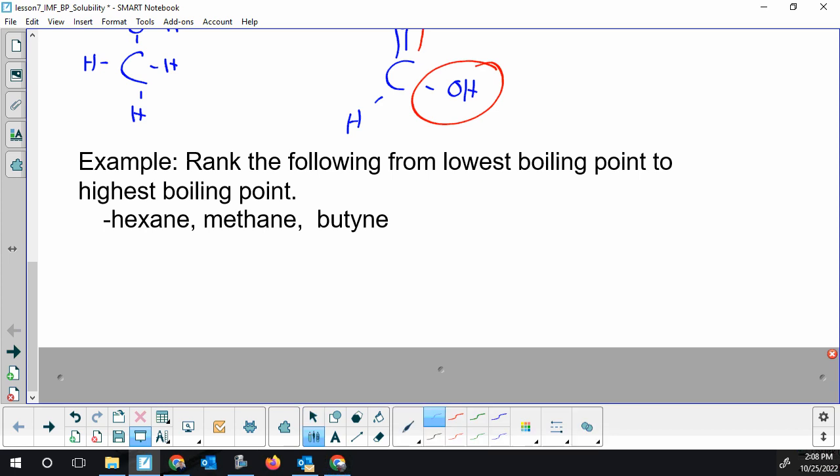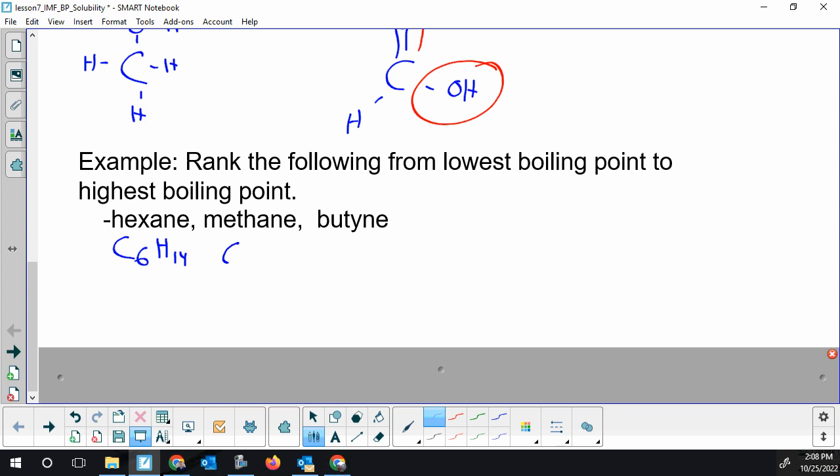Now, to guide us with a little bit more visuals, I'm going to put the molecular formulas underneath. So hexane: hex is C6, and ane is a 2n plus 2 pattern generic formula. So 6 times 2 is 12, plus 2 is 14.